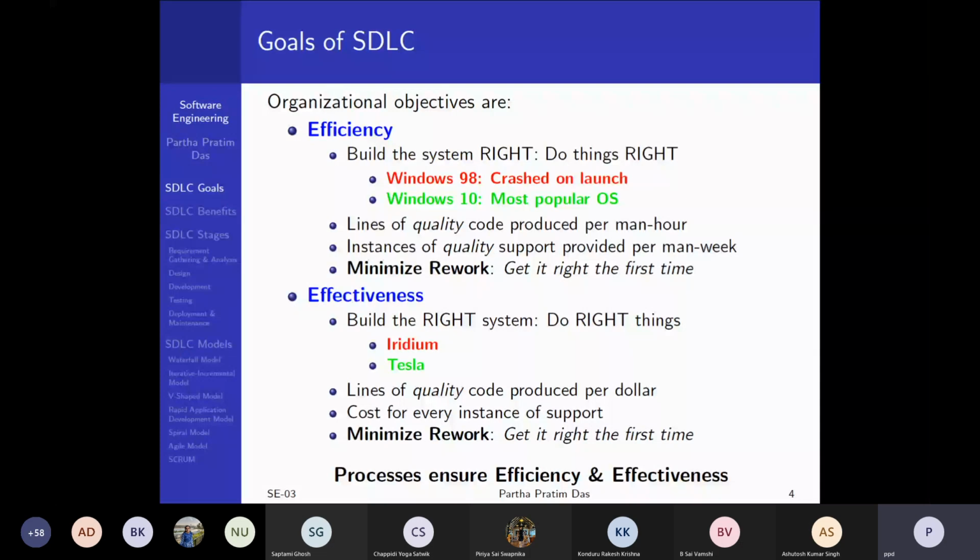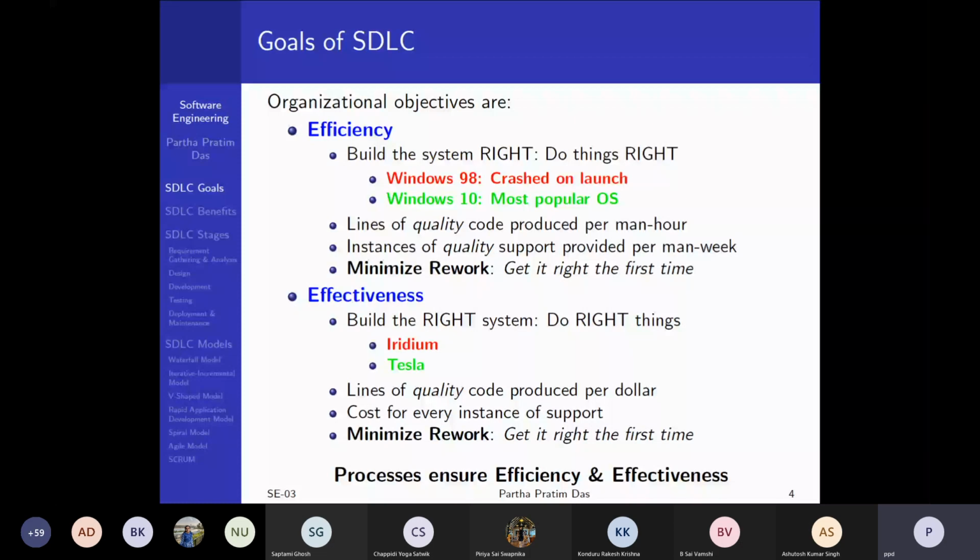Those who are on ships, and that too in the deep sea, those who are in very, very remote areas. So the customer base was really very small to support the enormous cost of putting up a satellite every day. It also failed because of the basic phone set. The phone set was about 4 kgs of weight, so it was pretty inconvenient to hold and talk on. So Iridium turned out to be one of the biggest bankruptcies in the history of engineering. So effectiveness failed. The right system was not built, though whatever was built was built rightly. The user requirements were not properly analyzed.